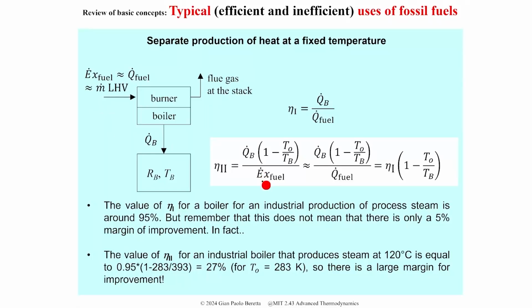Then again, we use the approximation that the exergy is equal to the energy content of the fuel, and therefore we recognize this ratio here is eta 1. So in this case, the second law efficiency is equal to the first law efficiency times the Carnot coefficient.